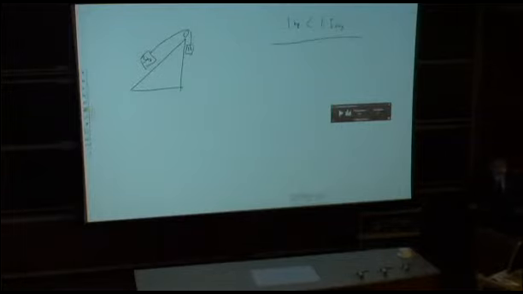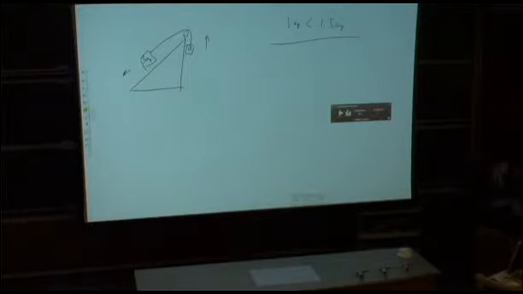Any questions on that? So what should we observe? What kind of a motion? This one should be moving up, and this one should be moving down the ramp. If instead of having 1 kilogram, I would have attached a 2 kilogram weight, they would move in opposite directions.